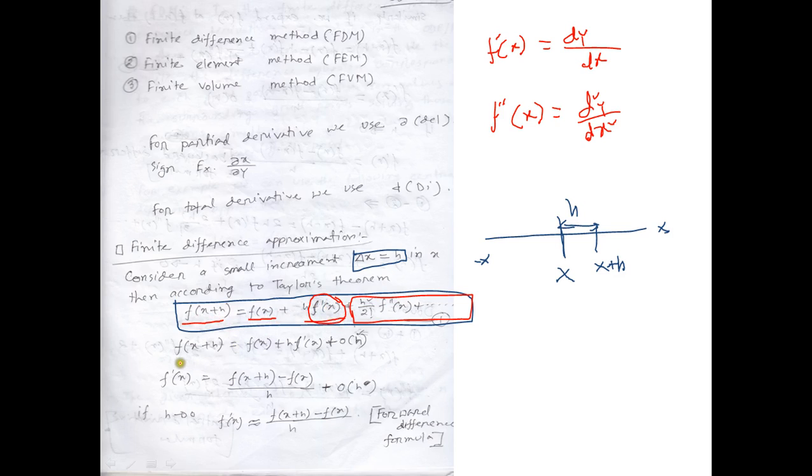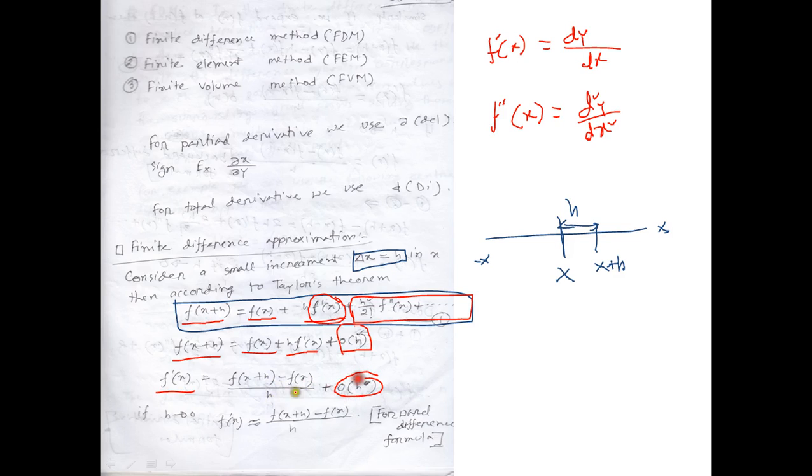So we can write it in this form: f of x plus h, f of x, h into the first derivative, and the other whole term. From this equation we can bring this out to the left hand side. So f prime x equals f of x plus h minus f of x, divided by h, plus all the other terms.